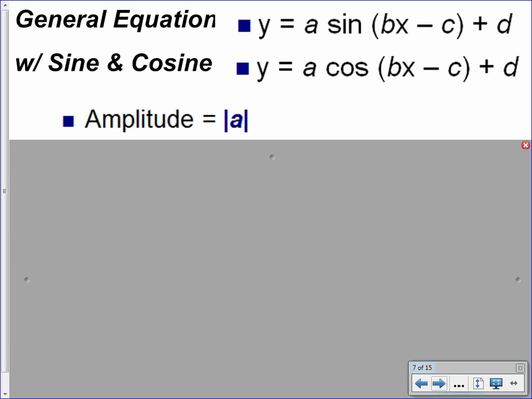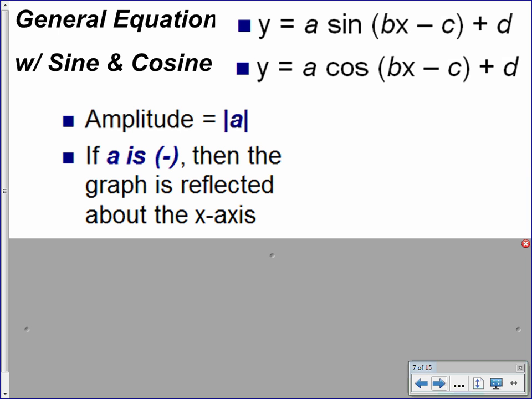What does that negative mean? It reflects, right? If we had an x squared and we put a negative, it would flip upside down. So if there's a negative, that just means we're going to reflect our graph. We will draw pictures of what that looks like for both sine and cosine here in a little bit.